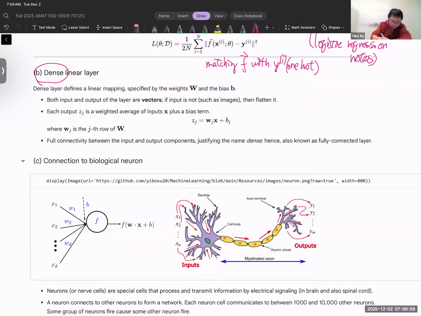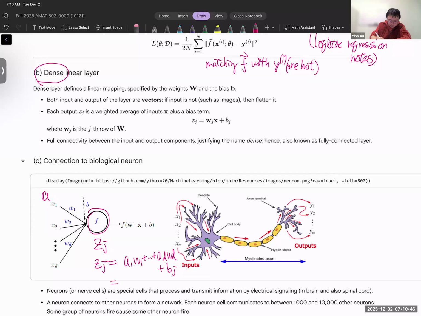So this is my zi, let's say this is zj. So essentially zj is computed from what? It's computed from a1 w1 all the way down to ad wd plus b. That's the bias bj.